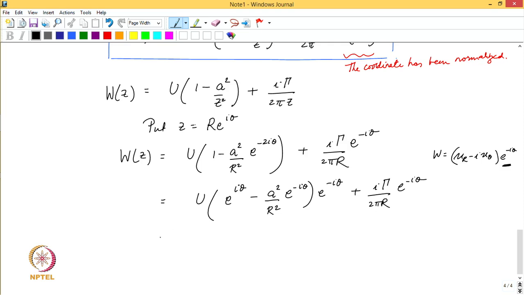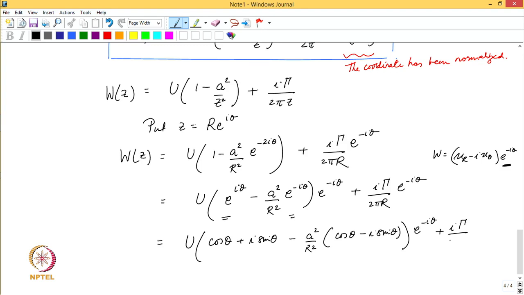What we can also do is expand e to the power i theta and e to the power minus i theta in terms of cosine and sine theta. So, this will become u (cosine theta plus iota sine theta minus a square by r square (cosine theta minus iota sine theta)) times e to the power minus i theta plus iota gamma by 2 pi r e to the power minus i theta.